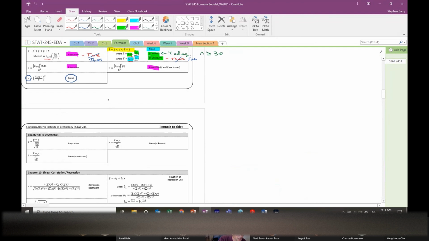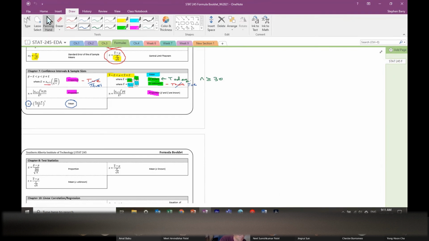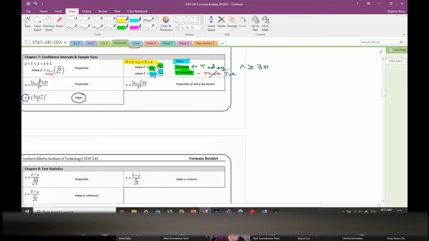So again, because we're dealing with proportions, these are the symbols that we're going to use. So this is the error, this is the calculation of the error, the formula here.